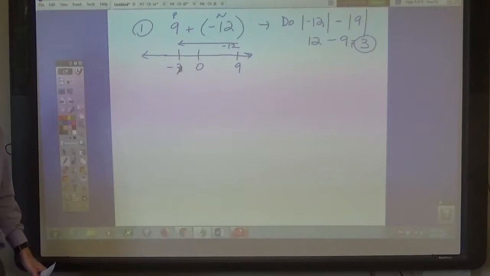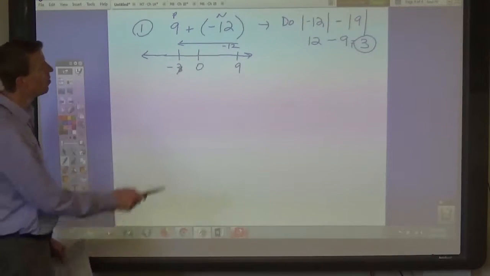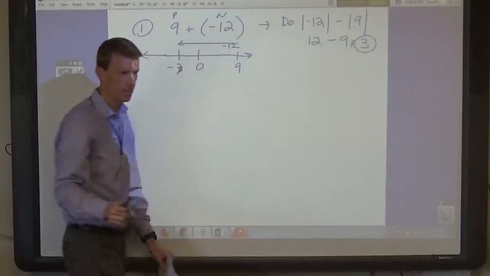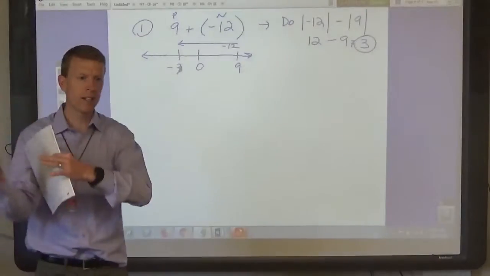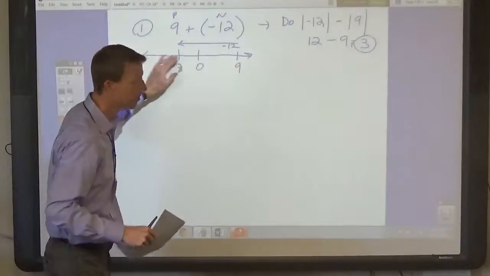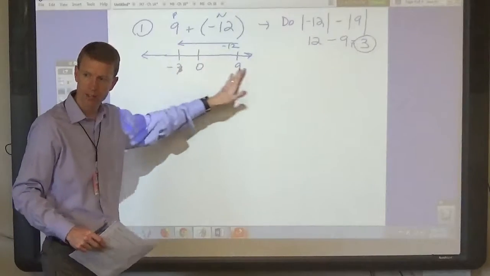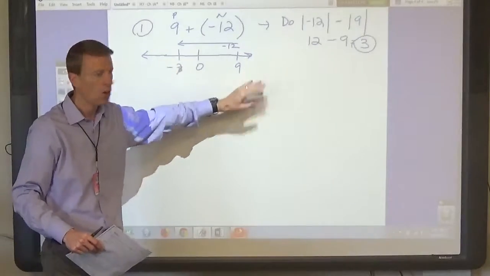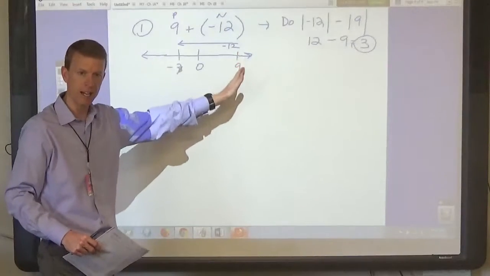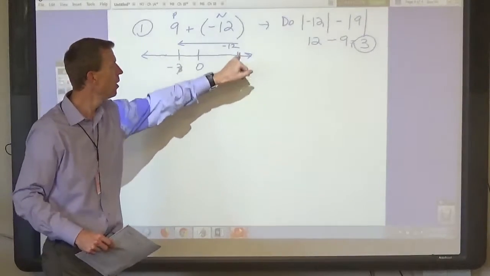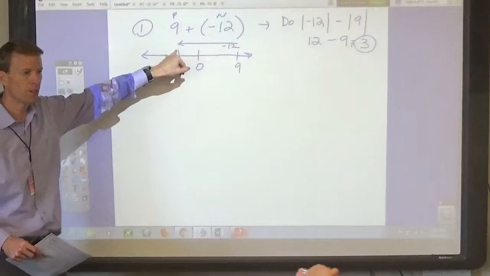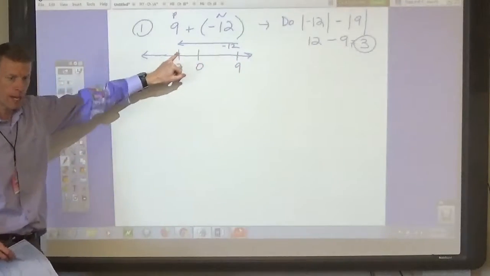So, when you're doing these, think: if you're starting in the negative and you're moving right, how far to the right are you moving? Are you getting all the way to the positive or not? Or if you're starting on the positive side and then doing a negative move, would you be going past 0?